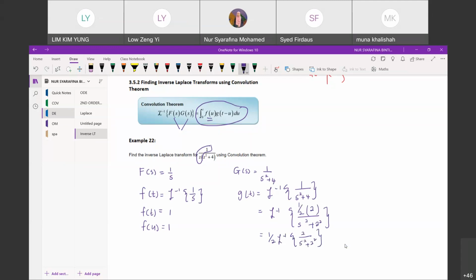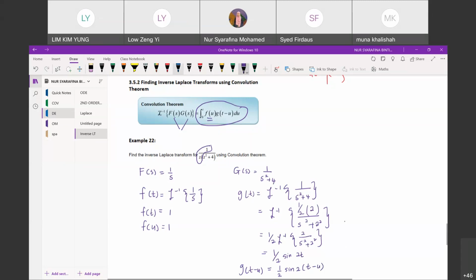So you will have 1 over 2 sine 2t. When Gt equals 1 over 2 sine 2t, what is G(t minus u)? It is 1 over 2 sine 2(t minus u). Clear or not?